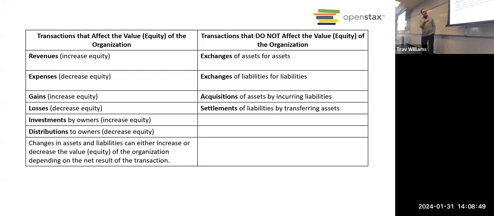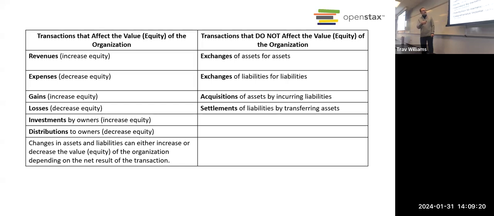We know that if an owner invests money, that increases equity. And if they take money out through a withdrawal or a dividend, equity goes down. As we heard earlier, assets and liabilities do not necessarily have an impact on equity, right? You exchange an asset for an asset, a liability for a liability, or an asset for a liability, then equity is not involved.